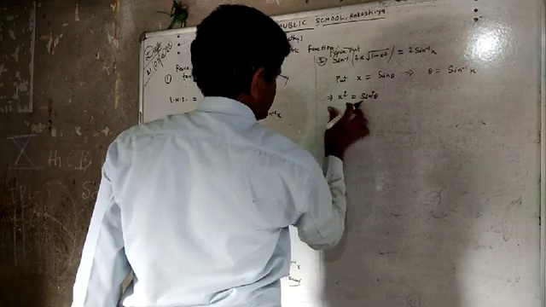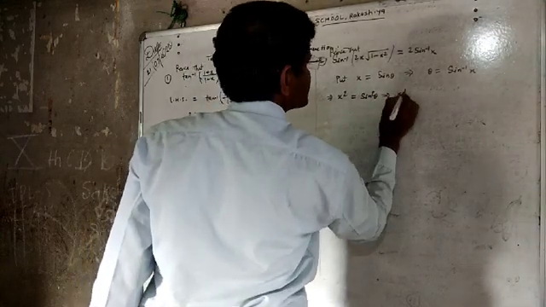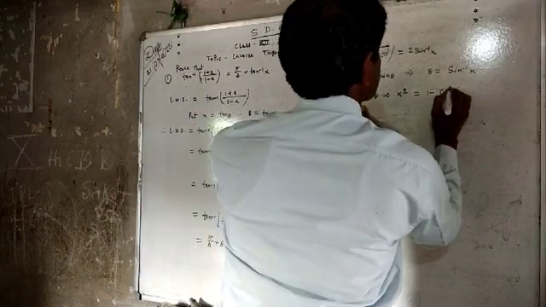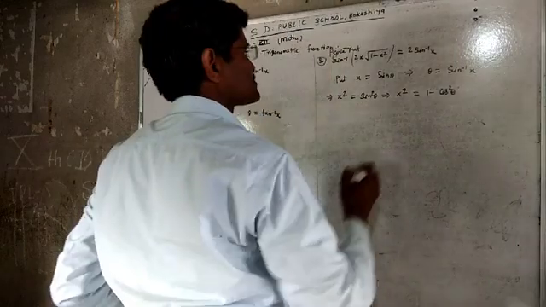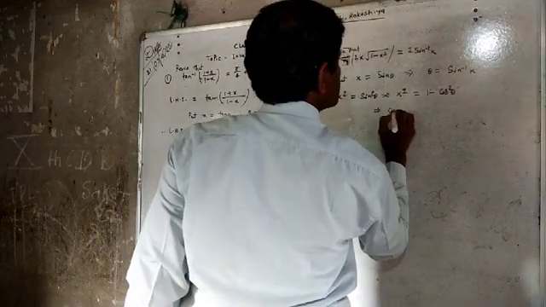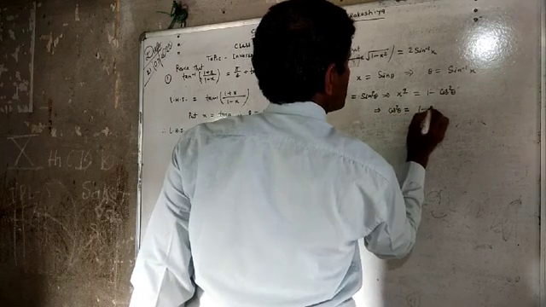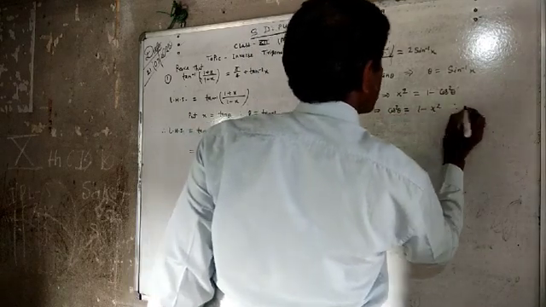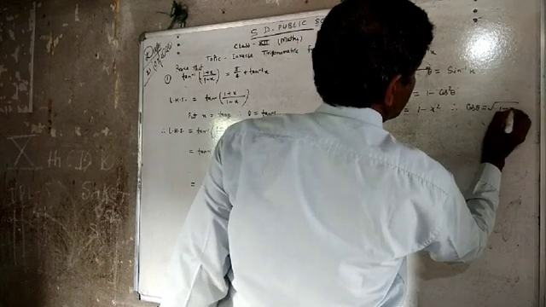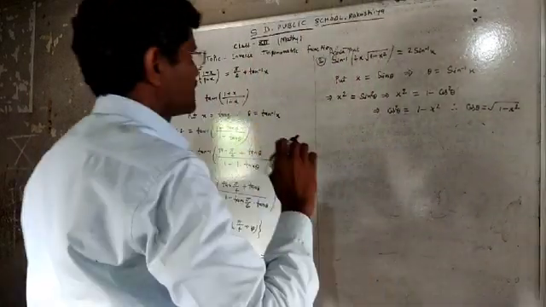This implies x square is equal to 1 minus cos square theta. This implies cos square theta is equal to 1 minus x square, and therefore cos theta is equal to root under 1 minus x square.